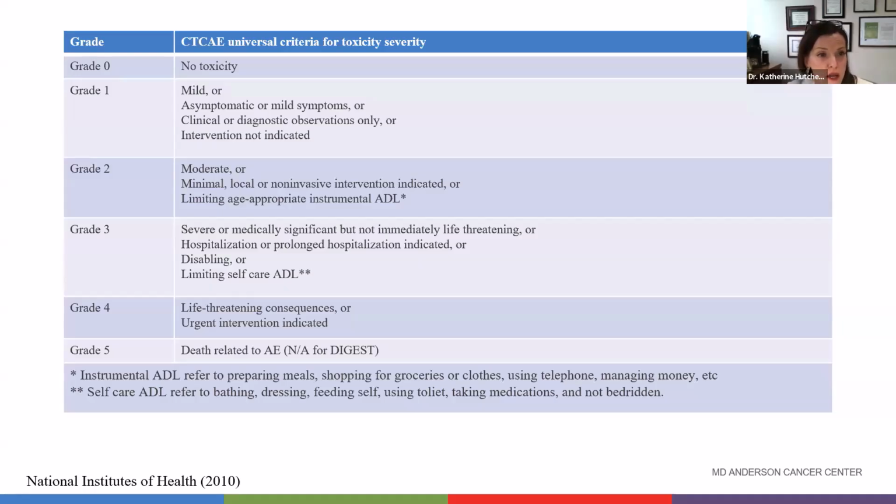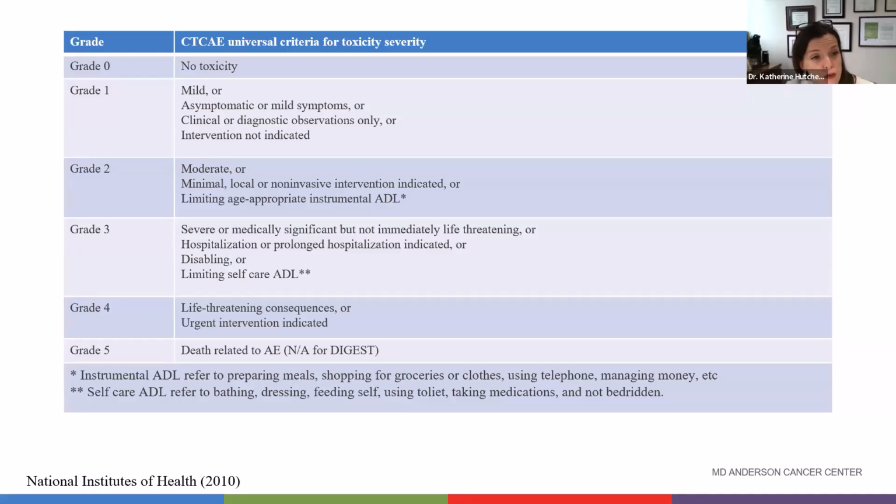It's defined by often asymptomatic or mild symptoms, or a scenario where the toxicity is observed only on clinical or diagnostic observations, or a scenario where the toxicity is mild enough that intervention may not be indicated.